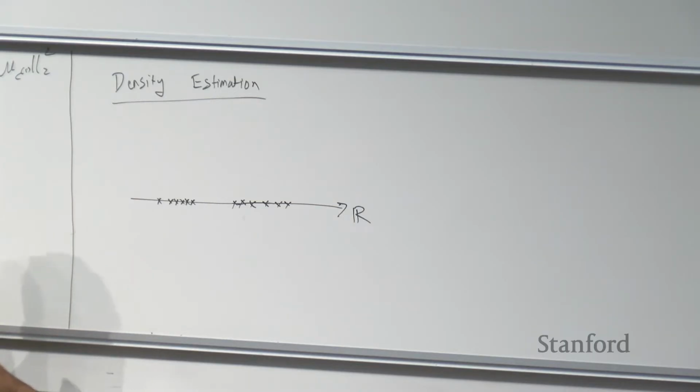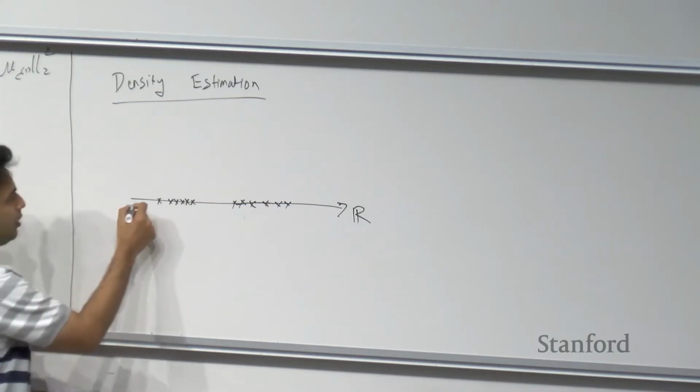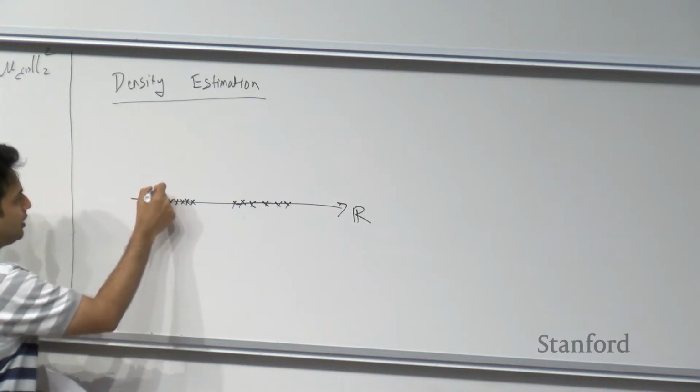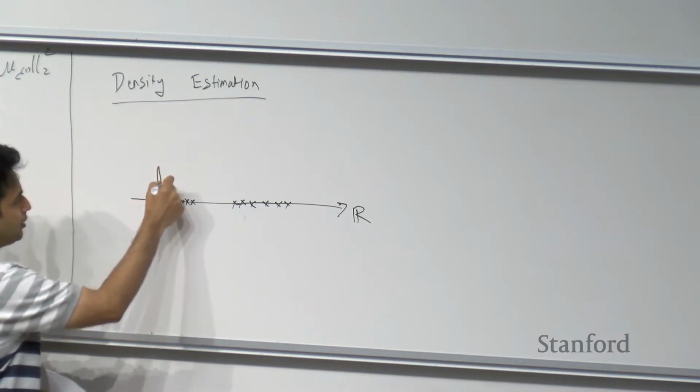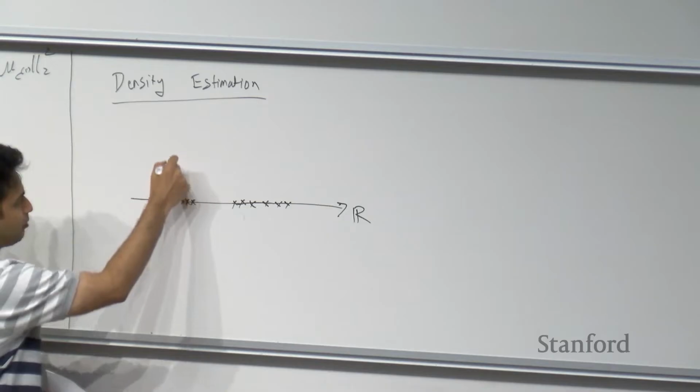points were sampled? And in general, it's a very hard problem, because if you want to fit this data really, really well, then the best possible fit would be a density that looks like this, where it has a Dirac delta function over every data point.